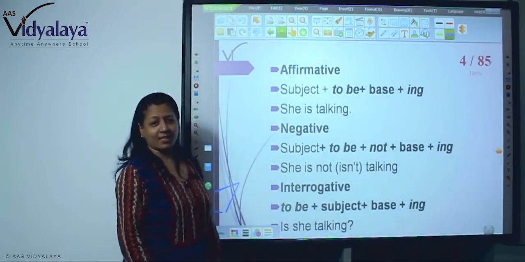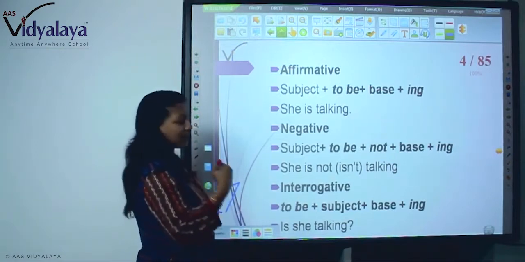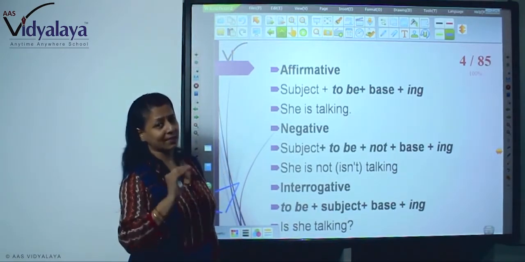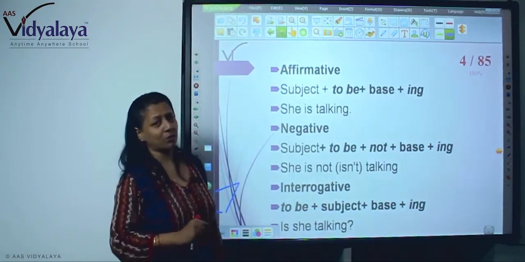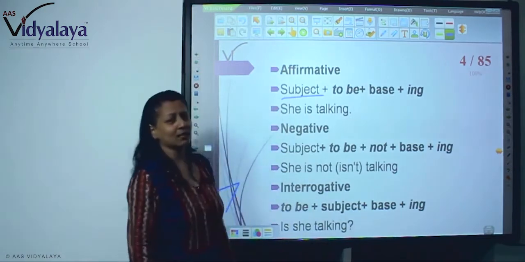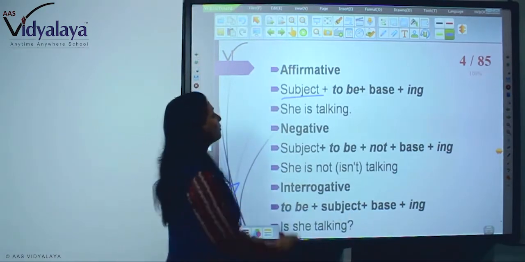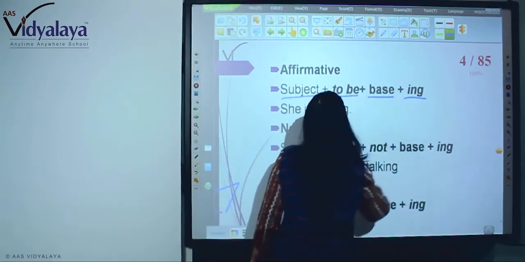So, there are many types of sentences: affirmative, negative, then interrogative. So, all types of sentences we make in present continuous. First we will talk about affirmative. So, subject. Who is subject? We are subject. Plus to be, then base plus ing.